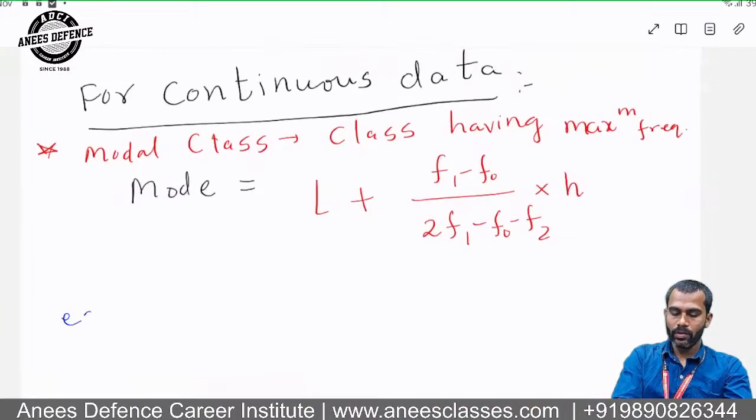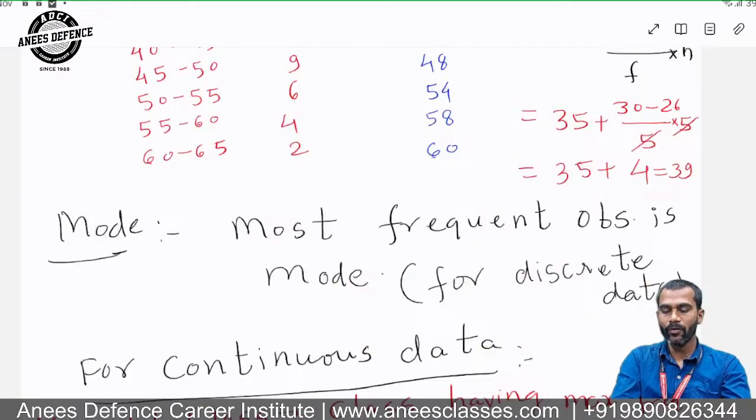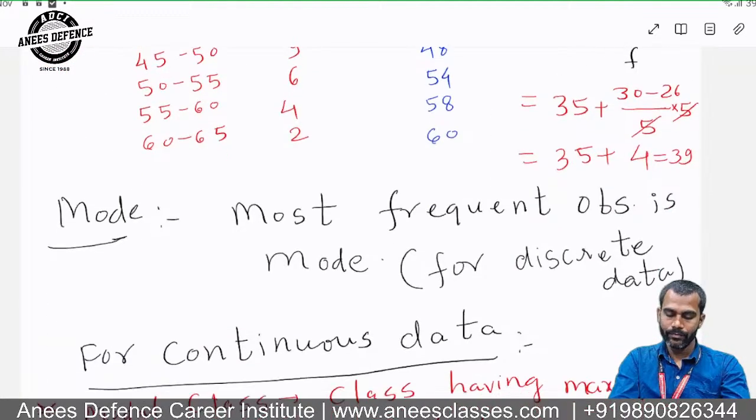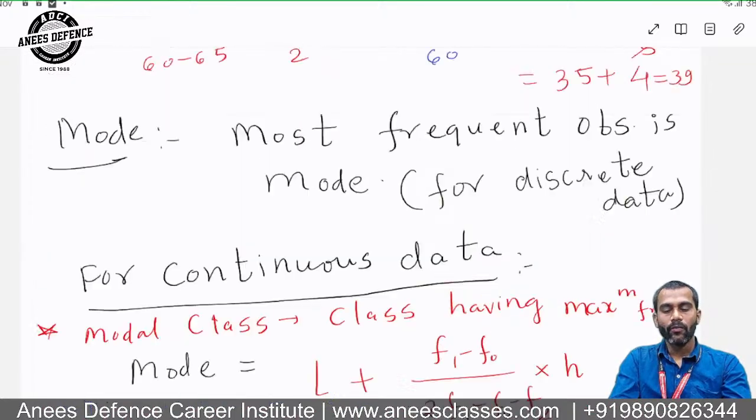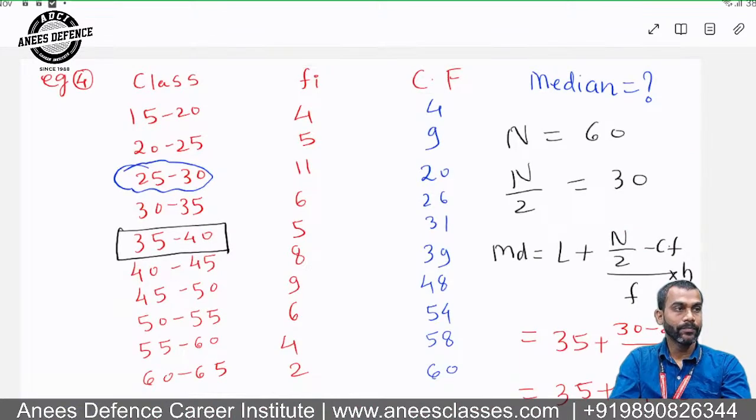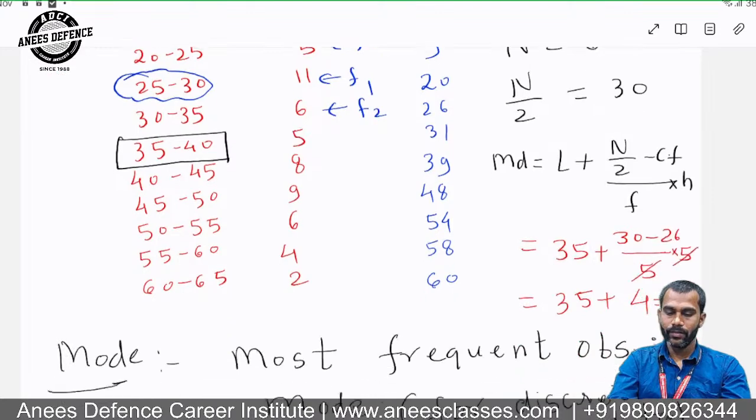So mode is equal to, what is L? 25 plus, what is F1? 11. This is your F1. This is F0, and this one is F2. Yes or no? And H is 5.